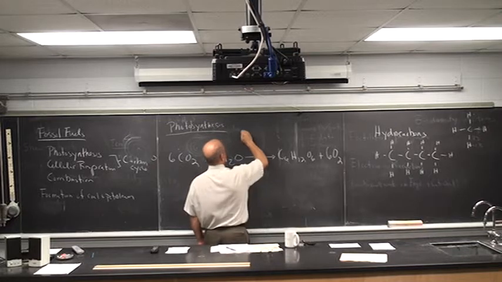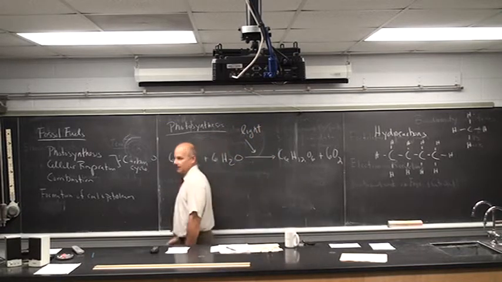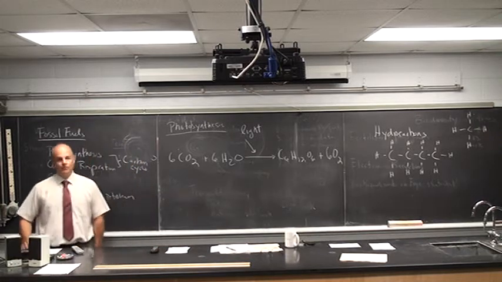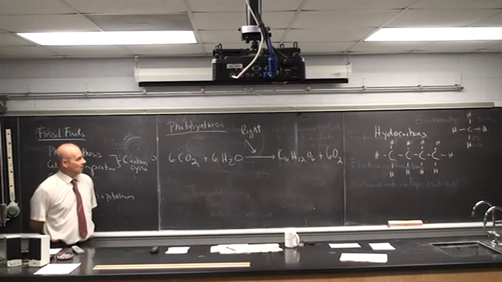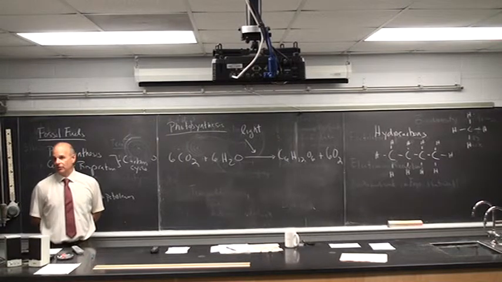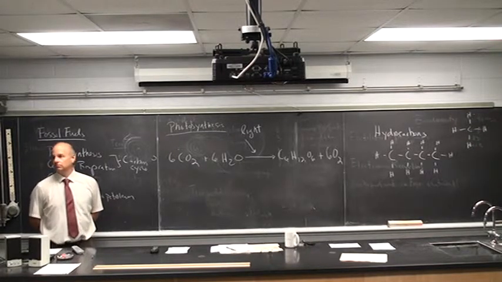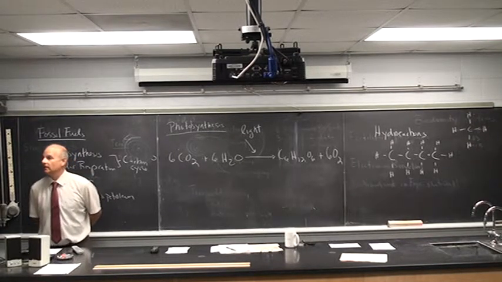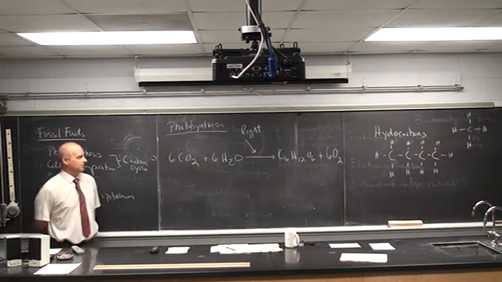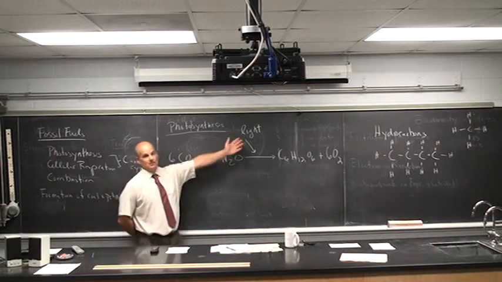Light is used for that energy. Last time we talked about energy transduction, correct? What is an energy transduction? It changes one form of energy to another form of energy. And that's exactly what's happening here.